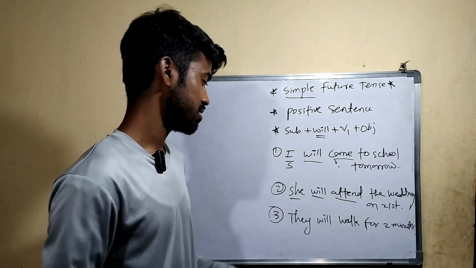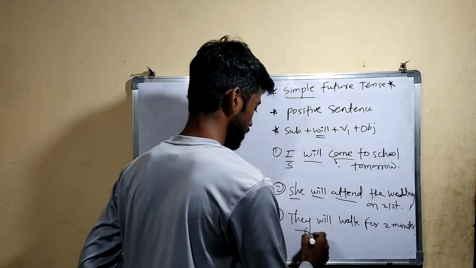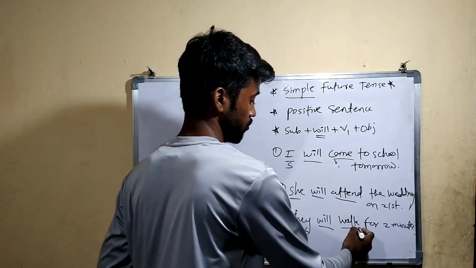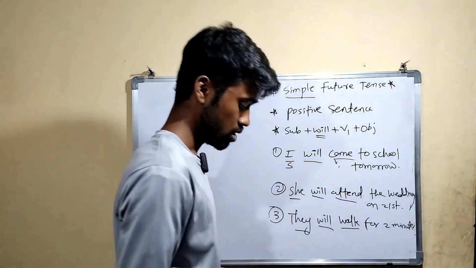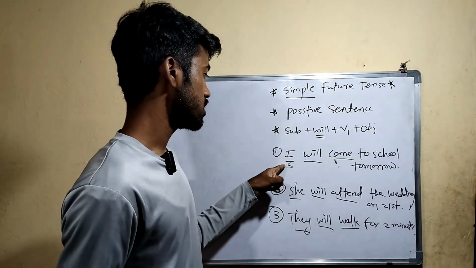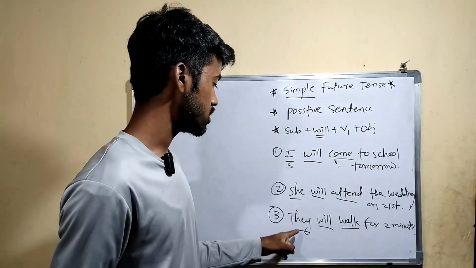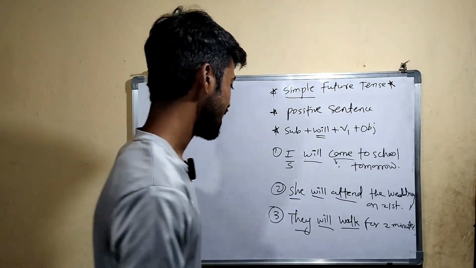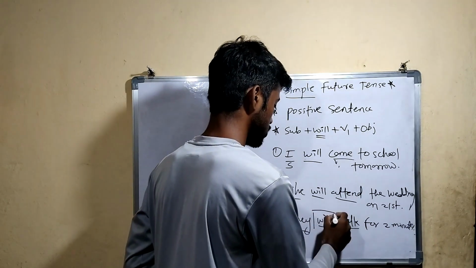Even this is future tense, right? Here they, this is subject, this is will, means here helping verb, and this is the first form of verb, and remaining part is object. Now see here, this is a singular subject and this is plural subject. With both the subjects we are using will as helping verb. This is the main part you should understand.